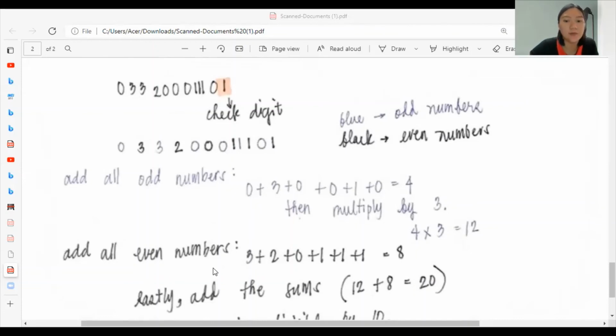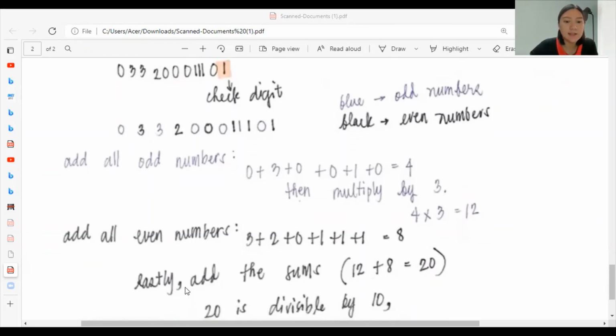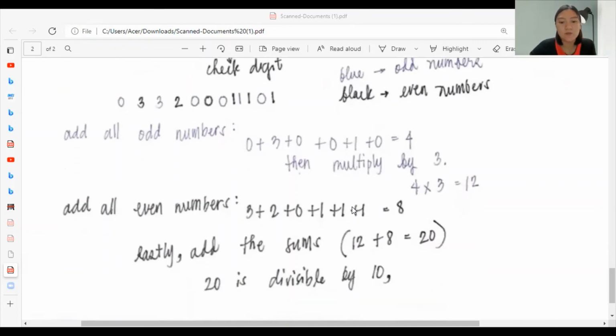For all the even numbers, we add them: 3 plus 2 plus 0 plus 1 plus 1 plus 1, and that equals 8. Lastly, we add the sums. That will be 20. So 20 is divisible by 10.